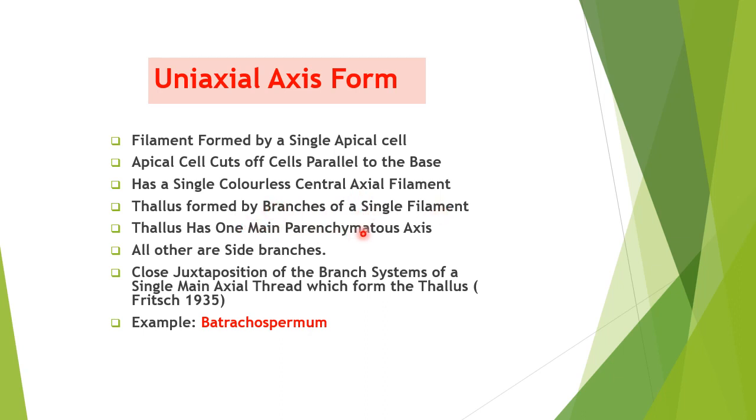The thallus has one main parenchymatous axis and all other side branches are formed from it. So we can say uniaxial is the close juxtaposition of branch systems of a single main axial thread which forms the thallus, as given by Fritsch in 1935 in his definition of the uniaxial form, and it is seen in the case of Batrachospermum.